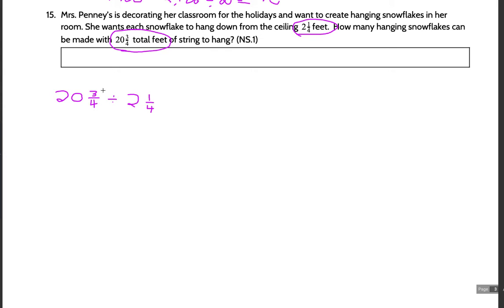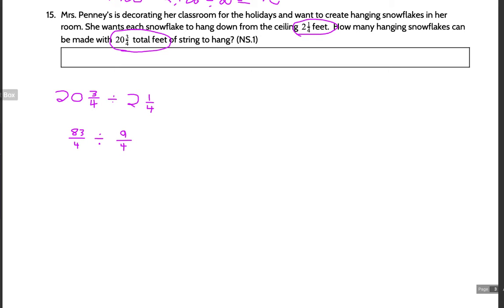So this would be 20 times 4 is 80 plus 3 is 83 over 4, right? And I'm still doing division, still writing it as division. And then this, to be an improper fraction, would be 9/4. 2 times 4 plus 1. So 9/4.